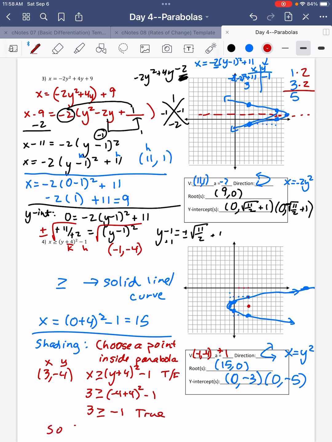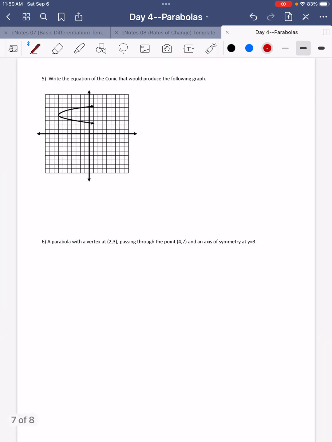So since it's true, then 3, negative 4 is in the shaded region. So that's the second thing that we have to do different with inequalities. We have to think about solid versus dashed based on our inequality, and then we need to shade. Okay.